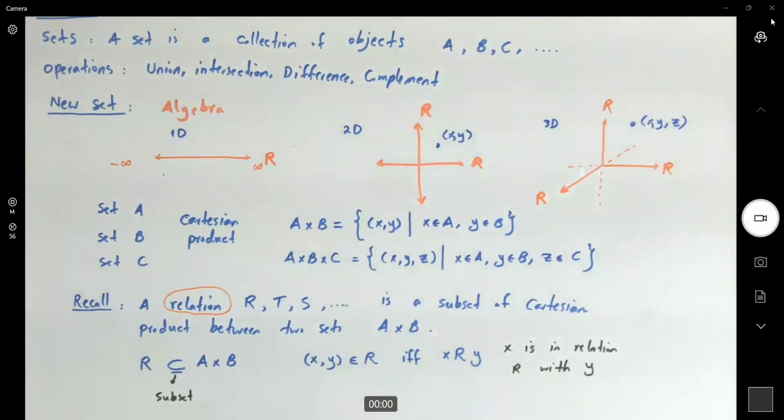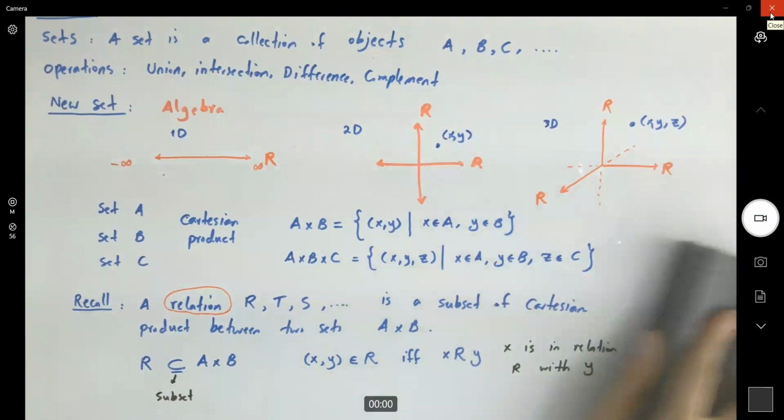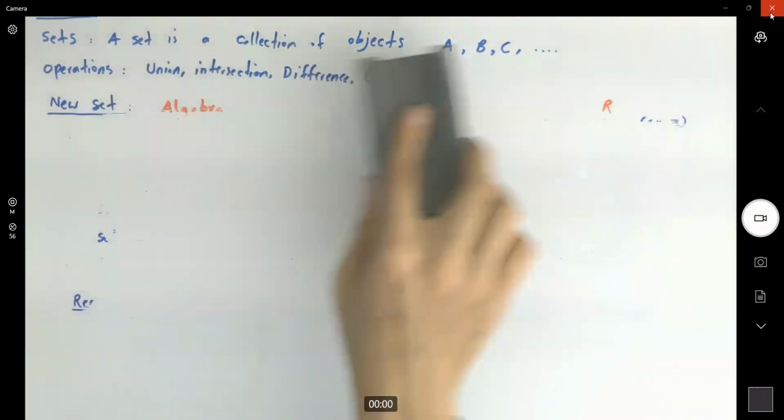Okay, let's go over a couple of examples. We're going to define some relations, and then we're going to analyze how to deal with those relations. So I'm going to write this definition up here.